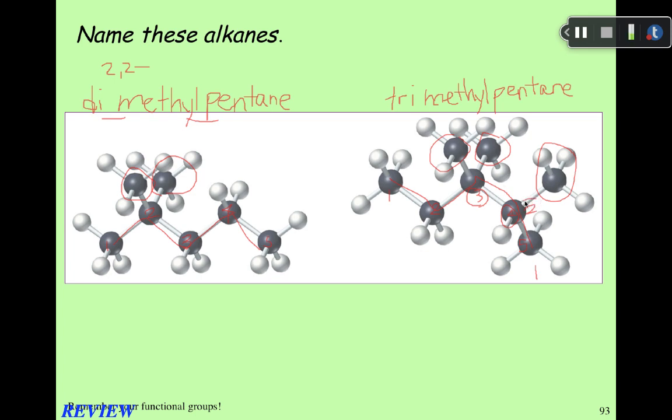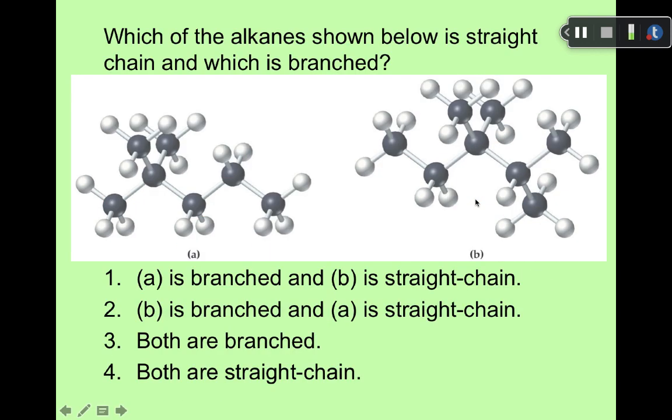And so we have 2 and 3 instead of 3 and 4. So that would be preferred. So again, every substituent gets a number, so it's 2, comma, 3, comma, 3 dash trimethylpentane. Wow, how about that?